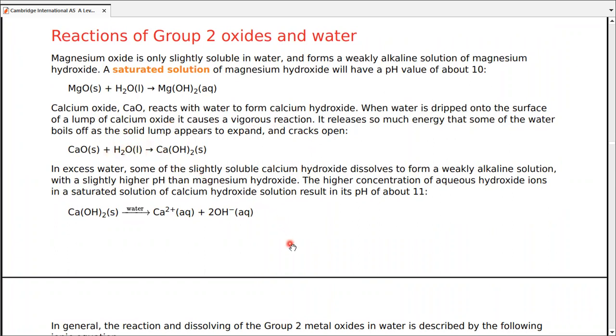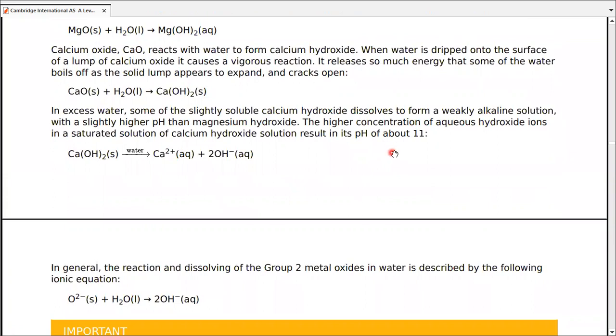Now, in excess water, some of the slightly soluble calcium hydroxide dissolves to form a weakly alkaline solution, with a slightly higher pH than magnesium hydroxide. So the higher concentration of aqueous hydroxide ions turns the pH to about 11. And instead of 10, we have a somewhat higher pH.